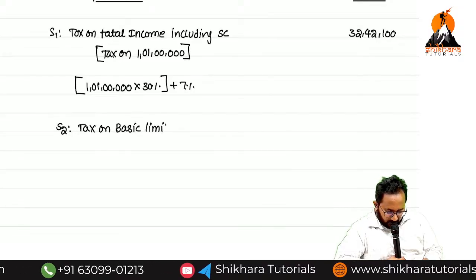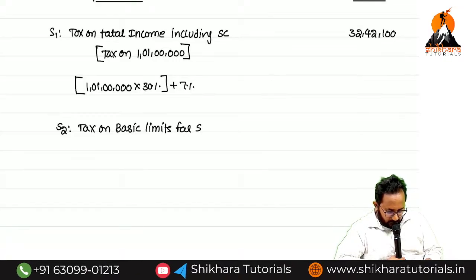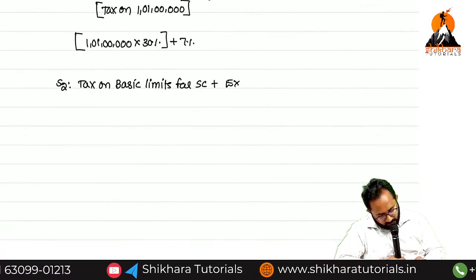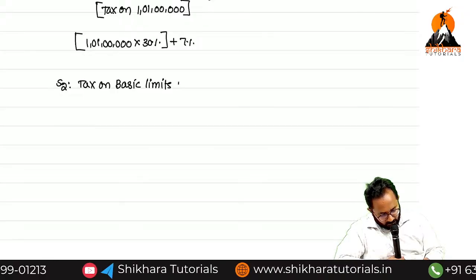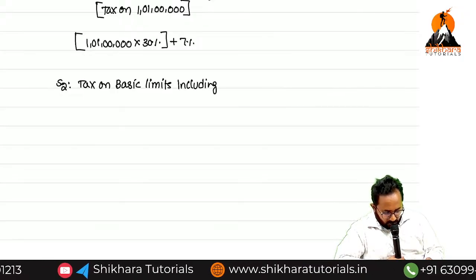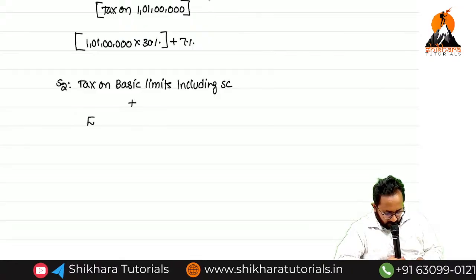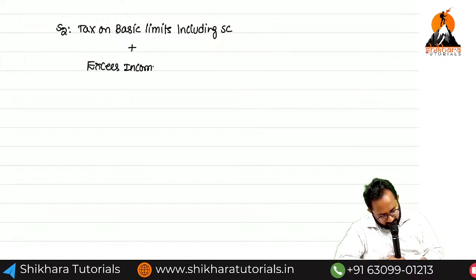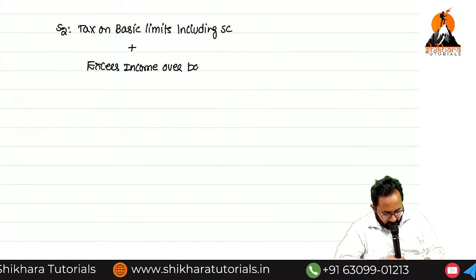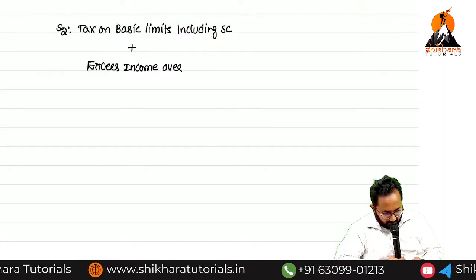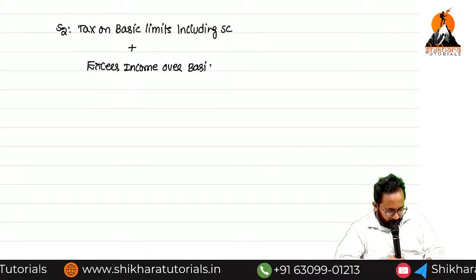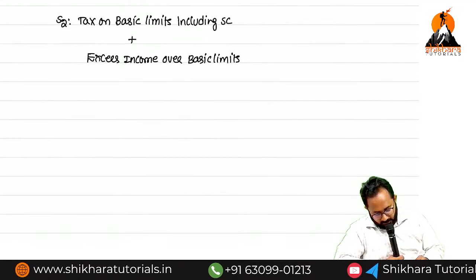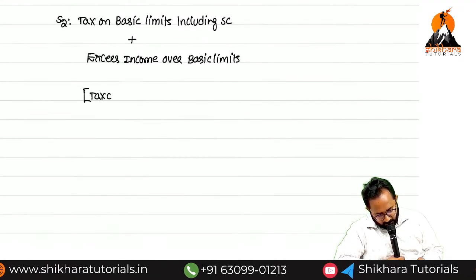Step 2. Tax on basic limits including surcharge plus excess income over basic limits. What is the tax on 1 crore?